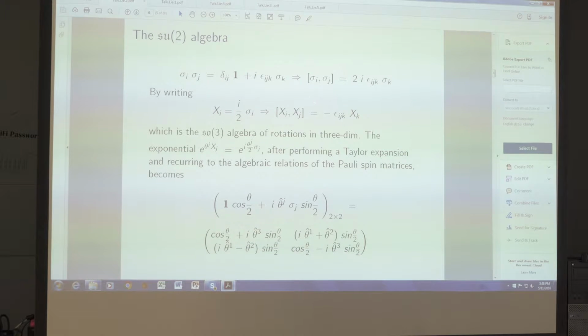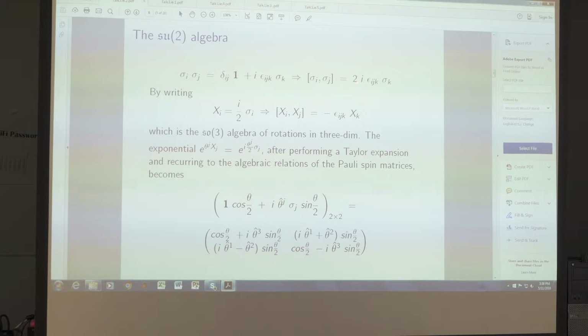Now, what happens if you redefine your generators? You redefine your generators, first of all, by dividing by 2 and multiplying by I. Because remember, these matrix generators were Hermitian. When you multiply by I, you convert them into anti-Hermitian. And when you divide by 2, you want to get rid of this 2 over here.